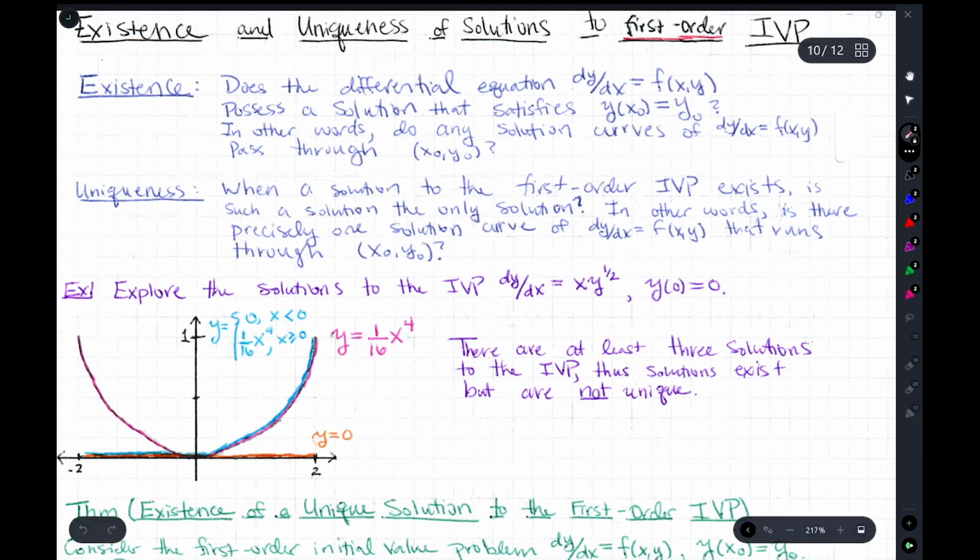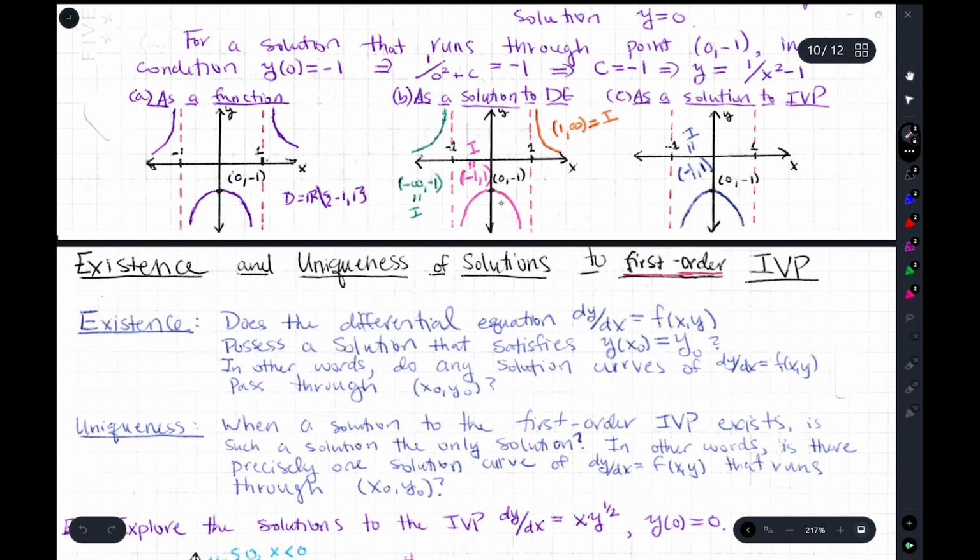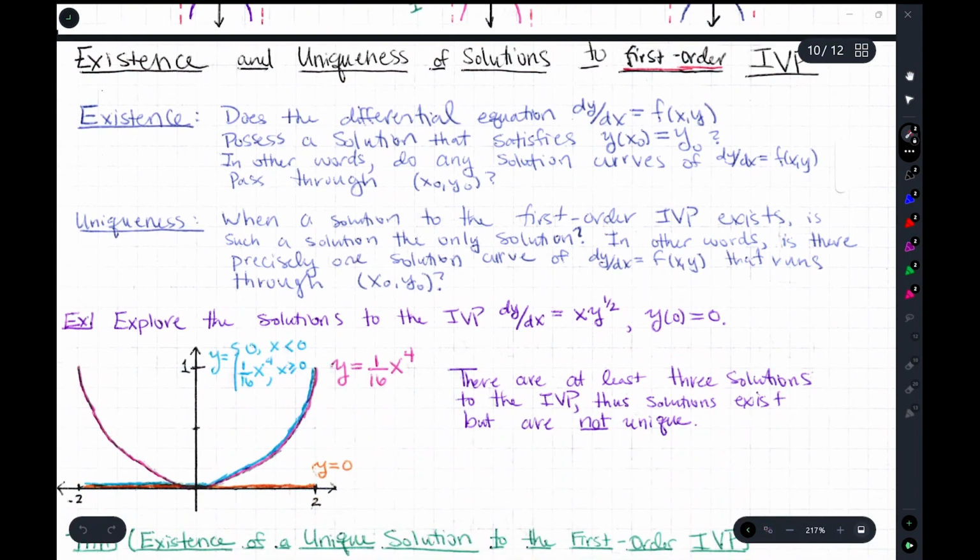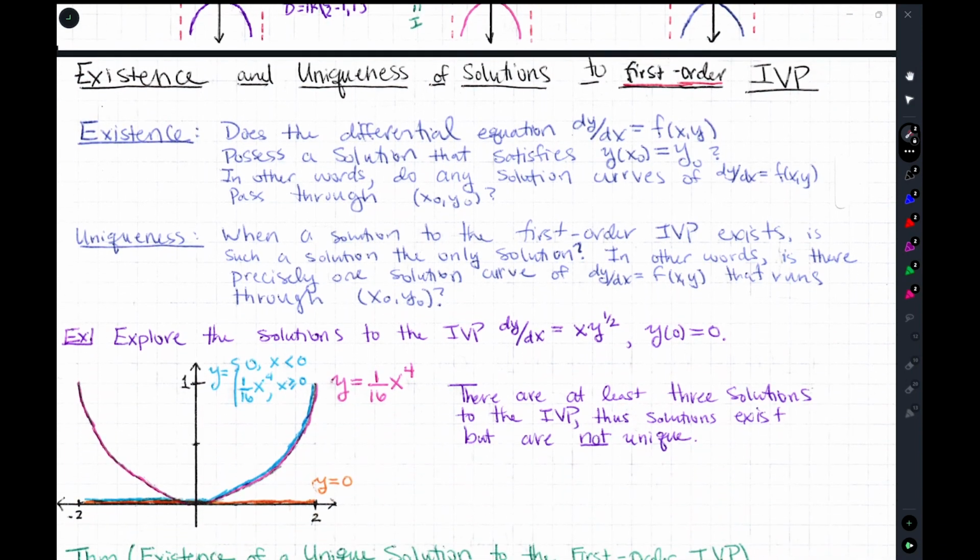In other words, in the language of the curves, is there precisely one solution curve of dy/dx that runs through x naught, y naught? Could we, in the situation above, have another curve that also runs through 0, -1 and solves the initial value problem? So that's the question of uniqueness.